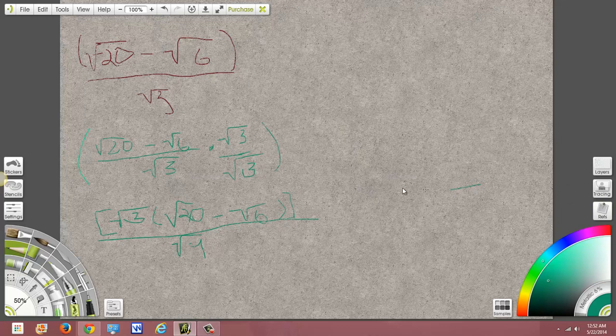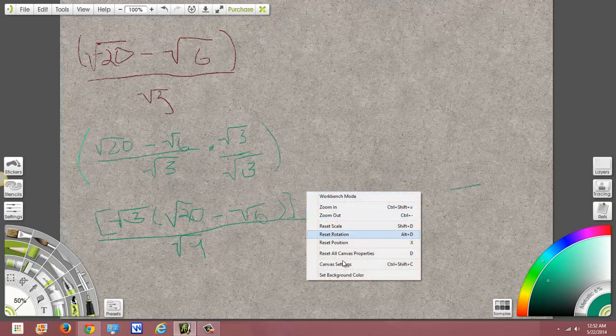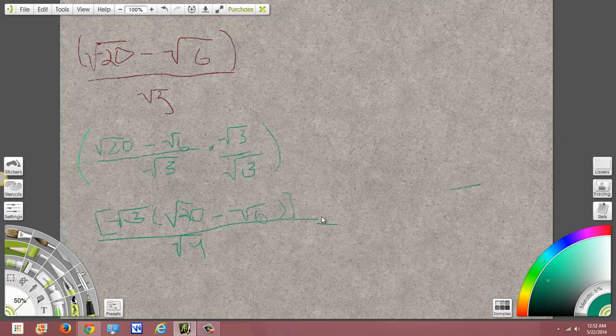This results in the square root of 60 minus the square root of 18, divided by the square root of 9, which is 3. Then we're going to simplify this.